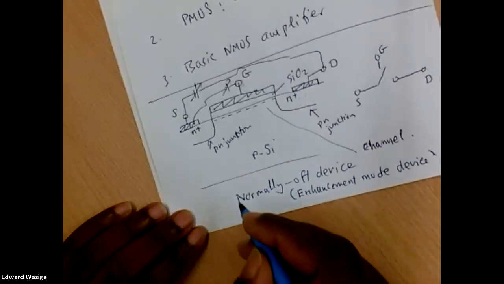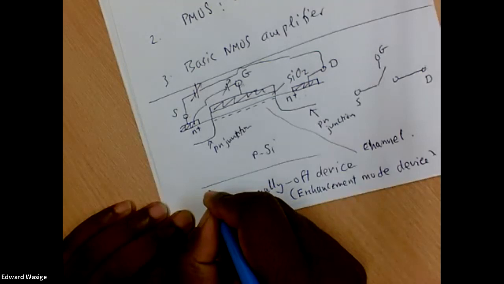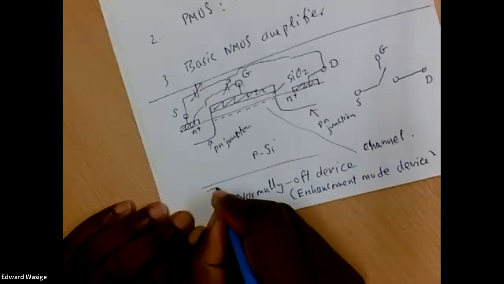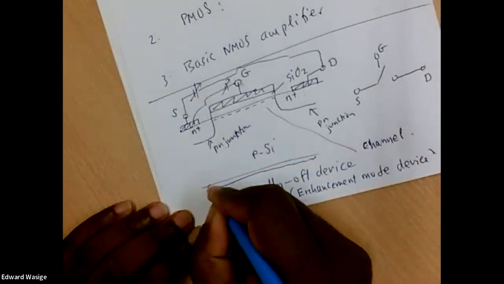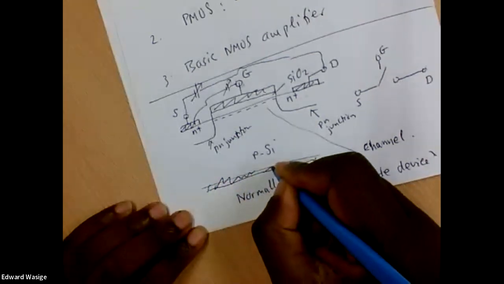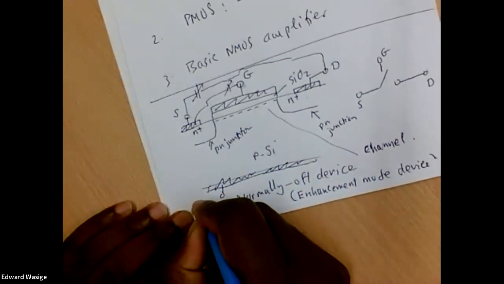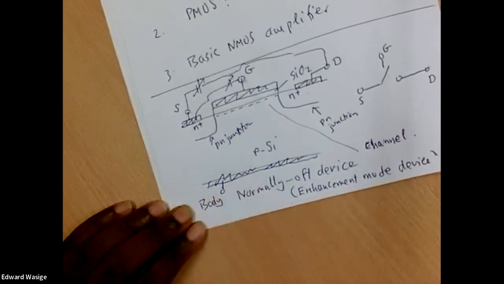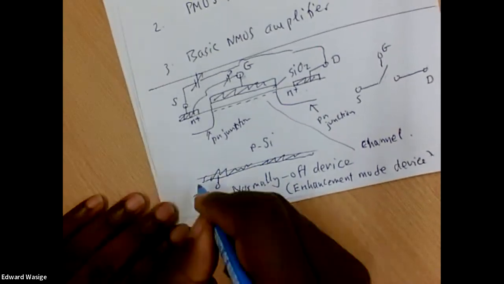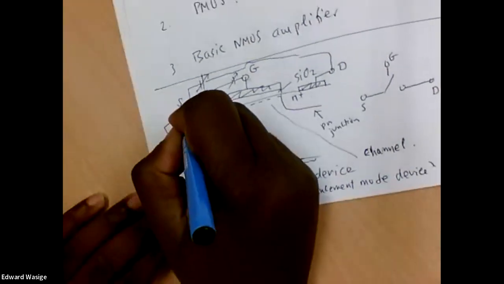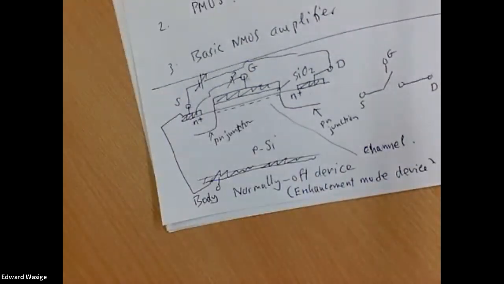So the final thing I say about this transistor before I move on is that on the backside of the transistor, we normally introduce another metal contact. And this contact, we call it the body contact. And this contact is normally connected, for the PMOS, to the source.